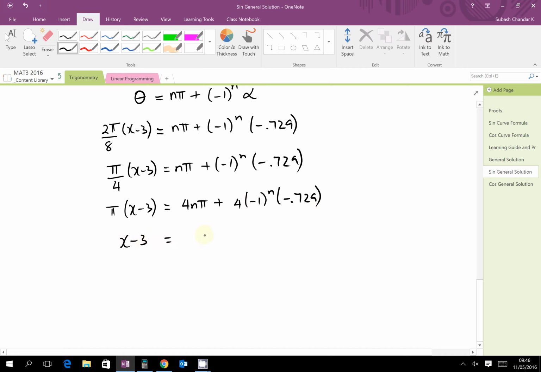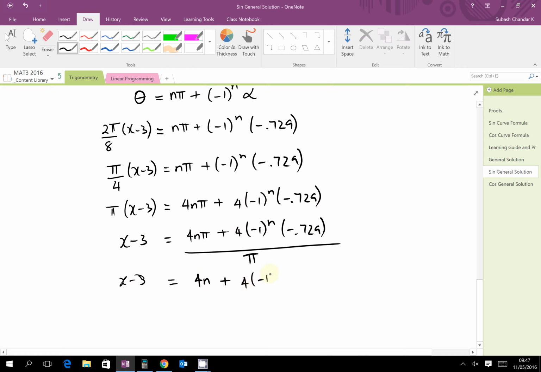Now, so 4n pi, don't put it in yet. Just be patient. Simplify this, guys. So you're going to have x minus 3 equals 4n plus 4 negative 1 n, divided by pi.